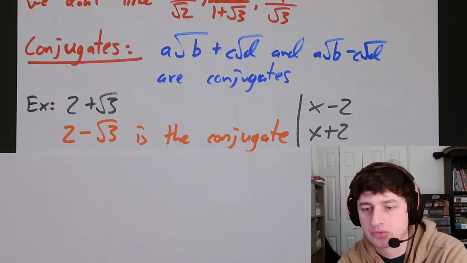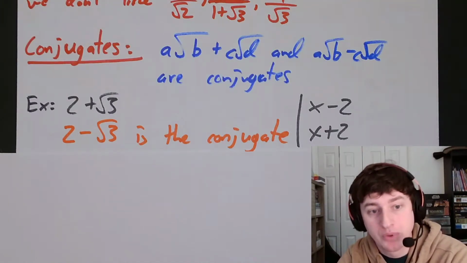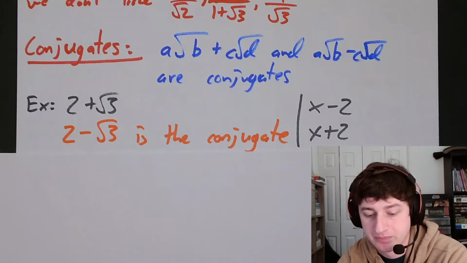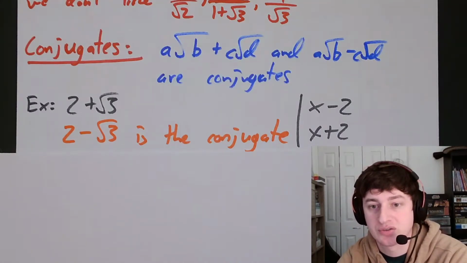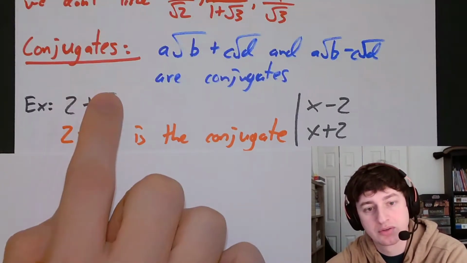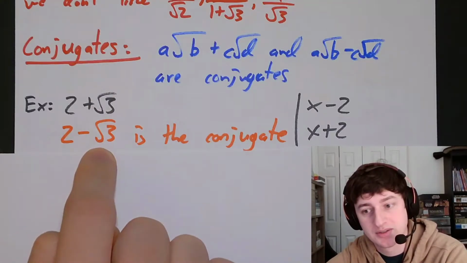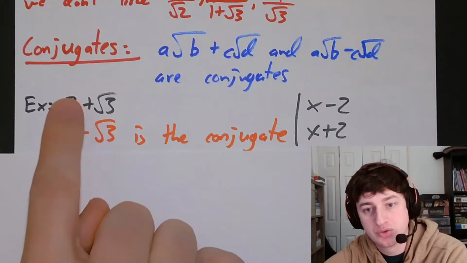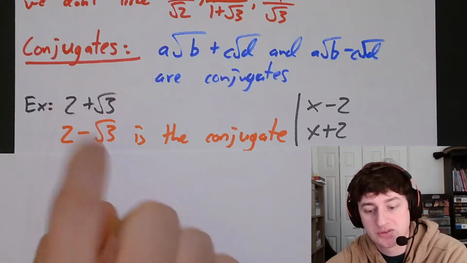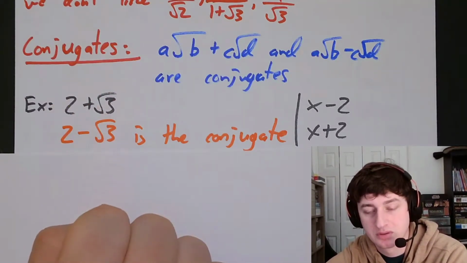The important thing about conjugates is when we multiply them, some stuff cancels out. The 2 times the 2 stays, and the square root of 3 times the square root of 3 stays. But the 2 times the square root of 3 and the square root of 3 times the 2 are going to cancel out because we have positive and negative.